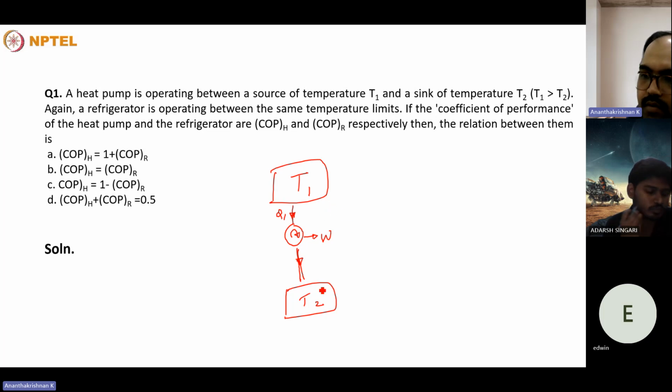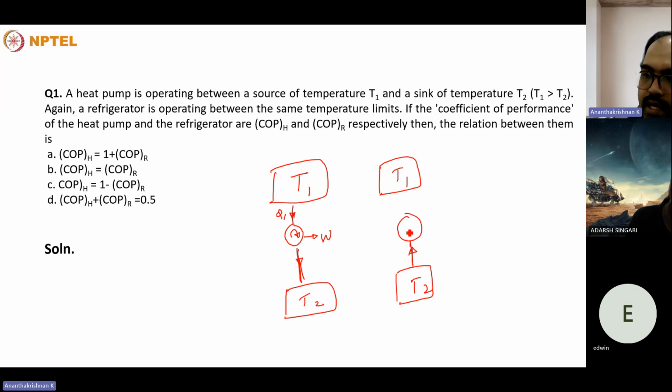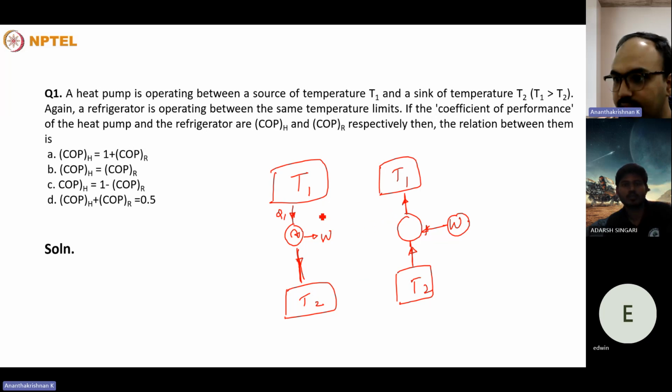And in the case of a refrigerator, it takes in heat at the lower temperature sink and then delivers it to a higher temperature source by taking in external work. So in this case, these two are the things, but this is a case of a heat engine.